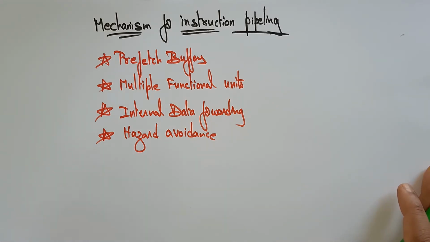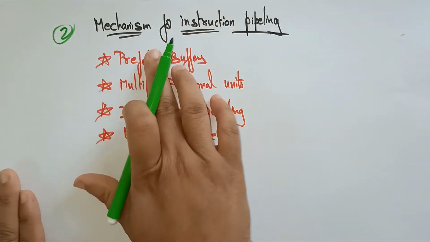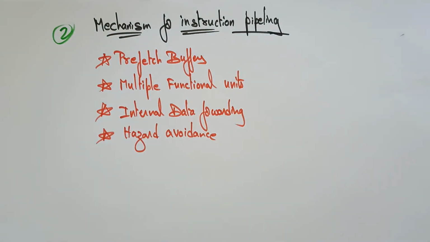The second technique for improving the pipeline processor performance is mechanisms for instruction pipeline. There are different mechanisms for instruction pipelining which are helpful for improving the pipeline processor performance. Our main motto here is to improve the pipeline performance, so that the instructions can be executed without any delays and without any problem.